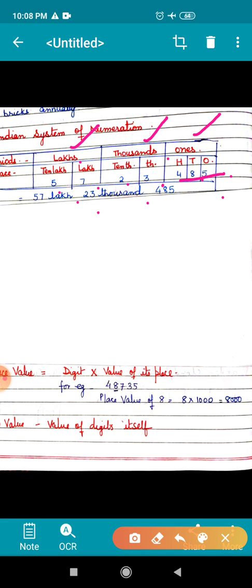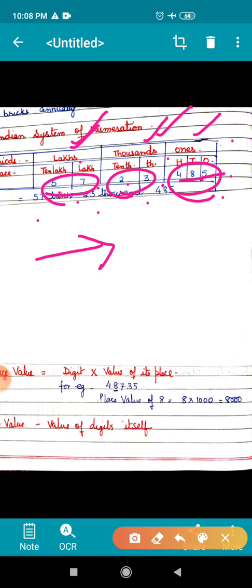Okay, and to read the number we always start from left to right. It means the number that is written in this place value chart we will read like this. First we will read 57 lakhs, 23,485.